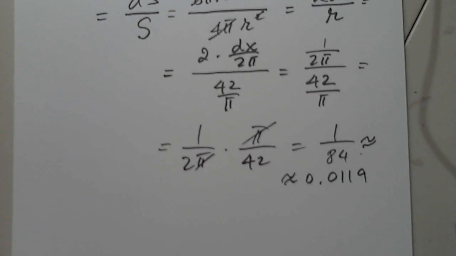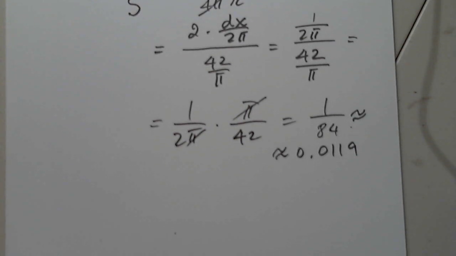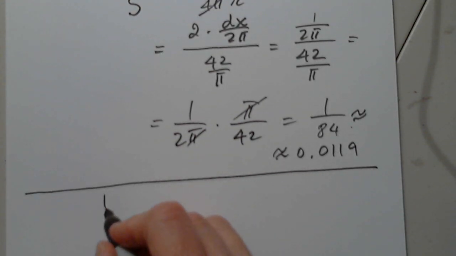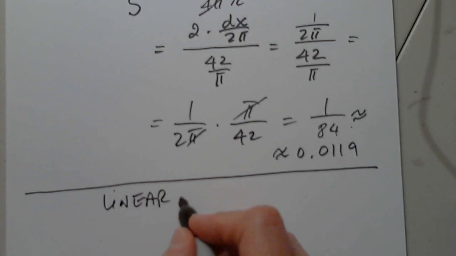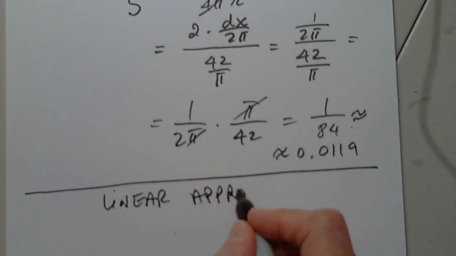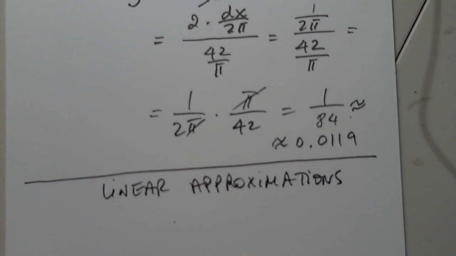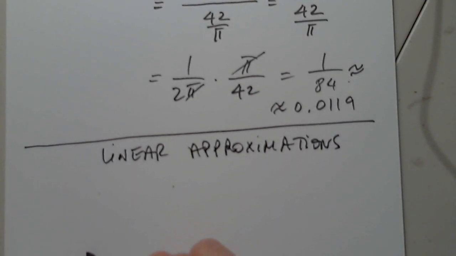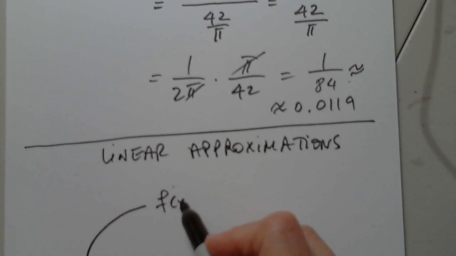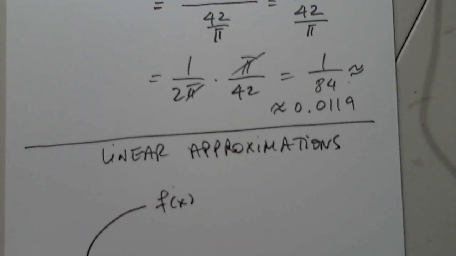So final step from this chapter is linear approximations. If you remember, here's our best friend. Here is our second best friend.